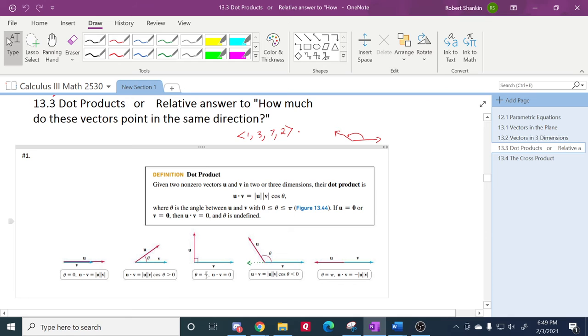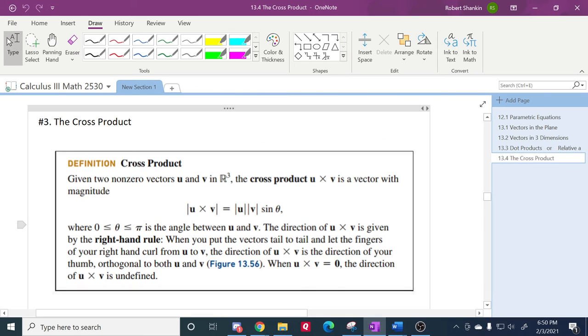The only difference is cosine being replaced by sine. Now that's the magnitude of the cross product. And we always take theta to be between 0 and 180 degrees, the angle between u and v.